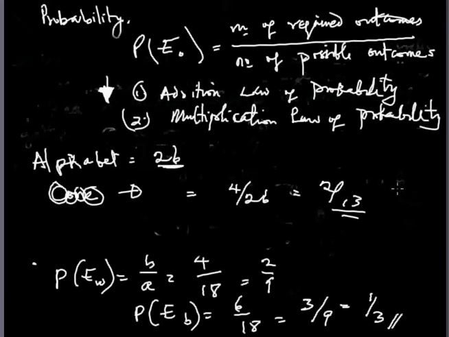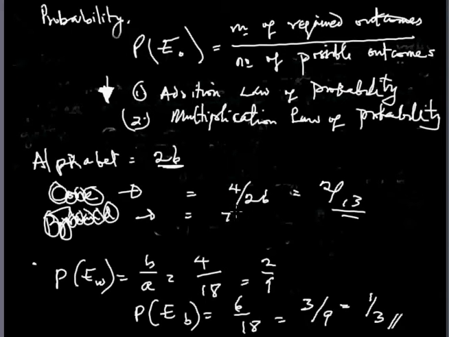Now, if you have another word called pyramid, pyramid is made up of 1, 2, 3, 4, 5, 6, 7.